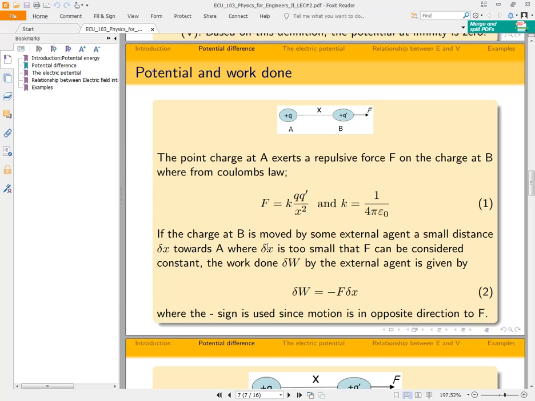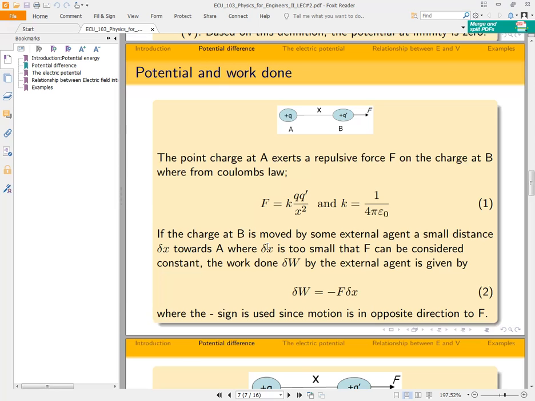Now, let me explain the condition for using delta x. Normally, when you want to derive an equation, you first of all take some very small quantities. If it is distance, you take a very small distance, and then you elaborate it or integrate it to obtain the whole picture.